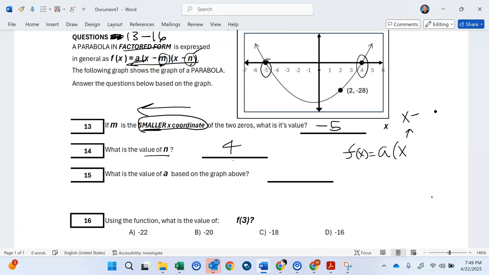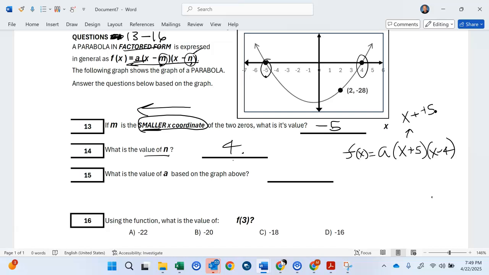Minus m, right? But what is m? m is -5, so I have to go -5. But when you have two negatives, remember it becomes plus. So this is actually x plus 5, right? And then x minus n is 4, so I go times x minus 4, like that, okay?